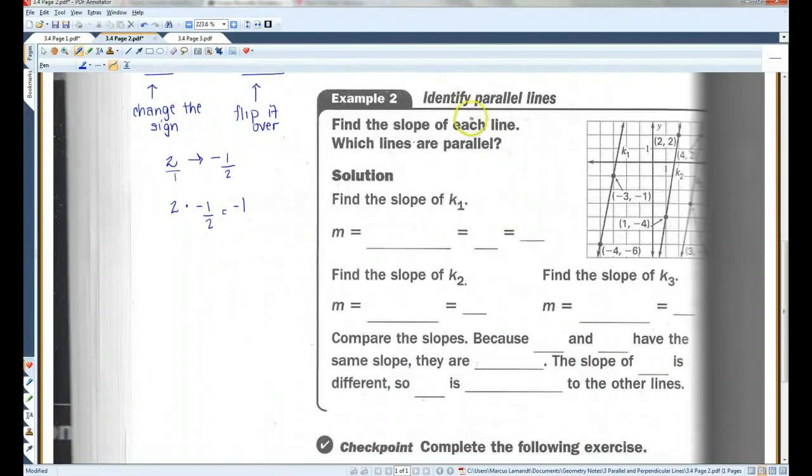Okay, find the slope of each line. Which lines are parallel? Find the slope of K1. Oh gosh, sorry, this got cut off. K1 is here. M, the slope, let's use this point and this point. So the y values are -1 and -6.